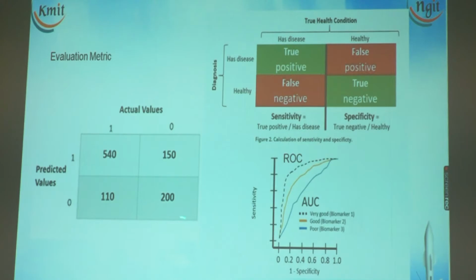We have calculated misclassifications, and we have done the confusion matrix to plot this ROC curve. If you have a better ROC curve, you can say the model is very, very good.